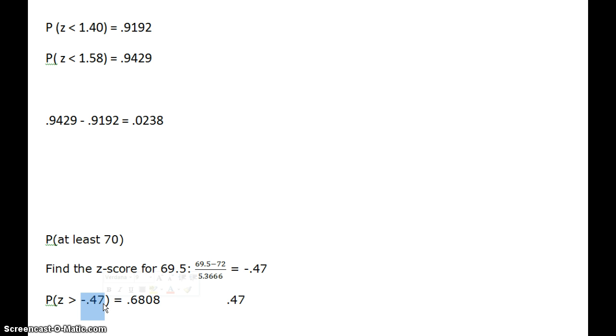So let me do that right now. Negative 0.47 is 0.3192. All right. And so that's everything less. To write that out, that's the probability of being less than negative 0.47. So what we want is actually greater than, which would be everything we've left off, so minus the 0.3192.